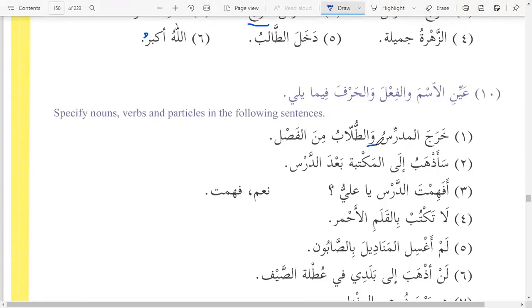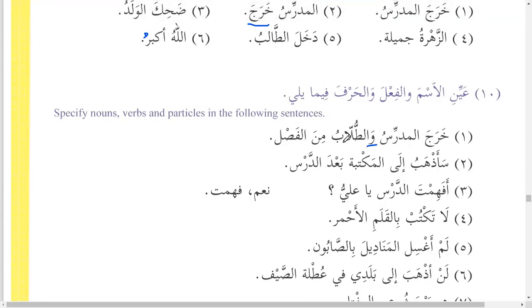Wa, wow, is a particle. At-tullabu, noun. Min is again a particle. Al-fasl, noun. Sa is a particle. Adhabu is a verb. Ila is a particle.